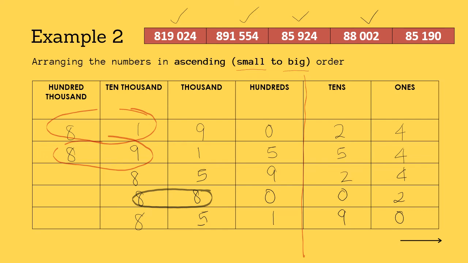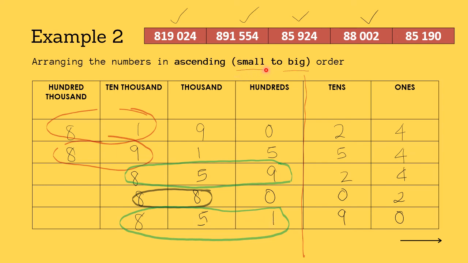So let's compare. We have 85,900 and we have 85,100. So which one is the smaller number between these two highlighted numbers in green? We have 85,900, 85,100.